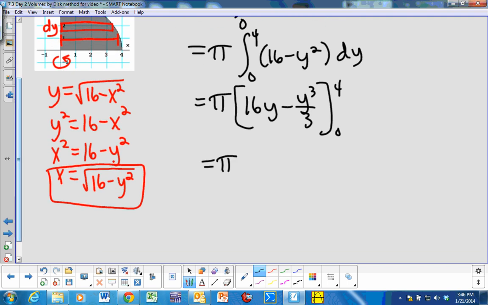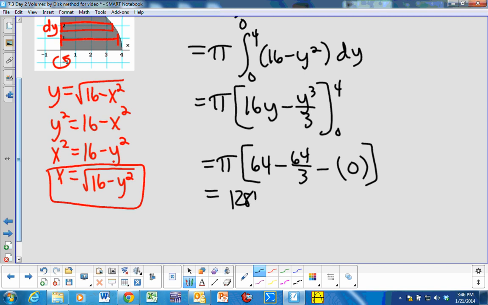So you're going to have pi times 64 minus 64 thirds minus, again, you plug in 0, you get 0 for both. So this will end up being 128 pi over 3. And that's going to be your answer for volume.